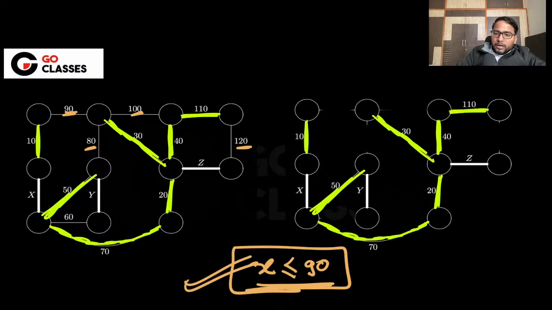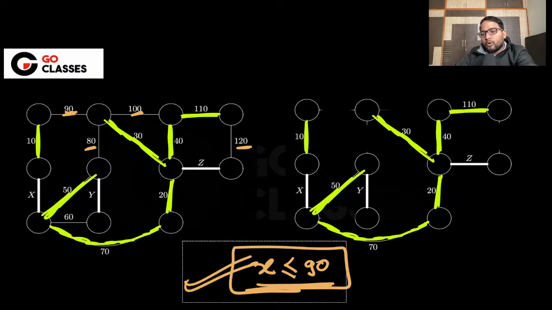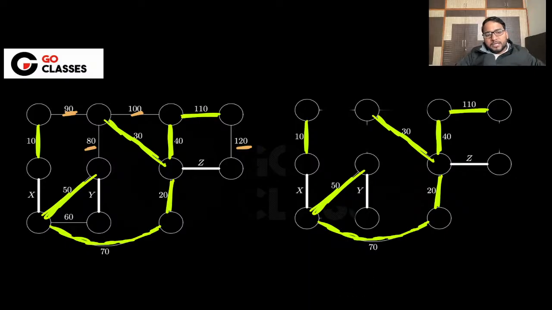What about Y and what about Z? Let's just find out Y and Z also. See, let's just see this Y. If this is the Y, then what you need to do? You need to keep on bringing. 120 won't help here. Let's just see 100. 100 is not forming a cycle with Y, right? Okay, 100 won't help here.